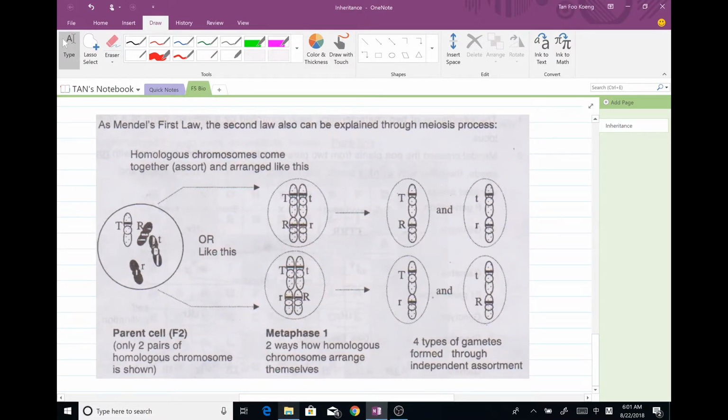Now we can see two pairs of homologous chromosomes. These two are the homologous chromosomes. These two are also homologous chromosomes. So during metaphase 1, they can arrange themselves either this way or this way.